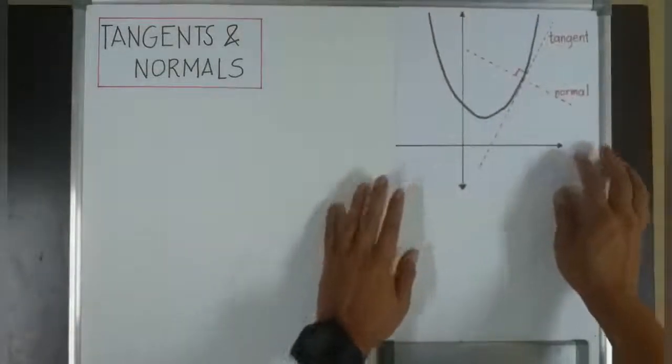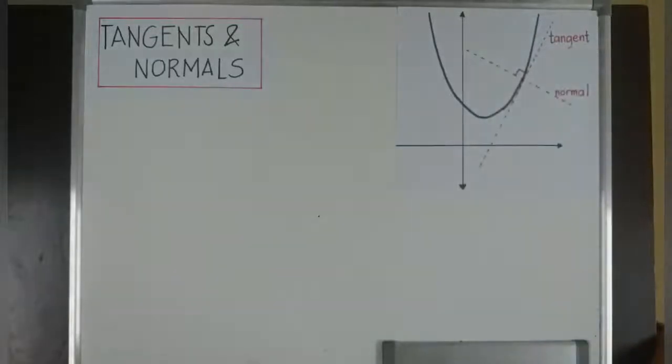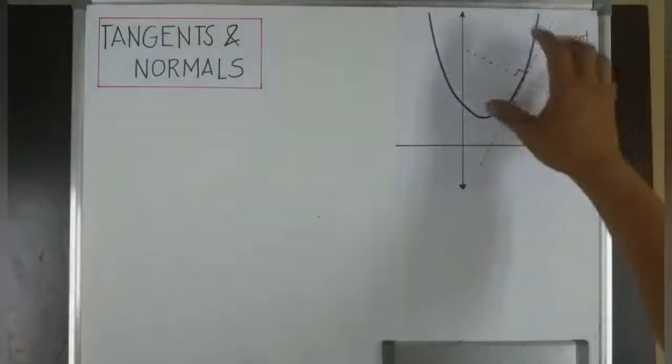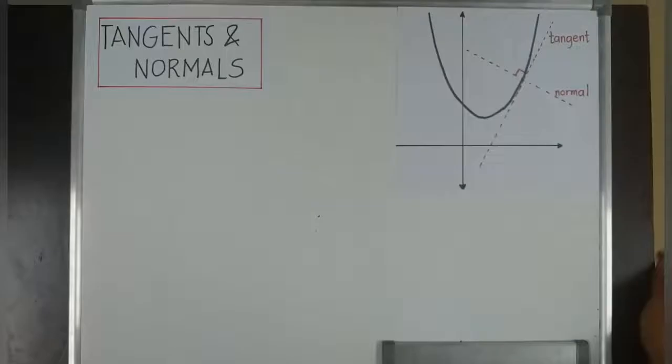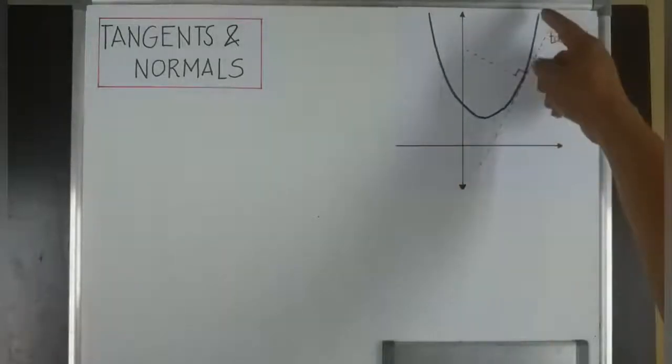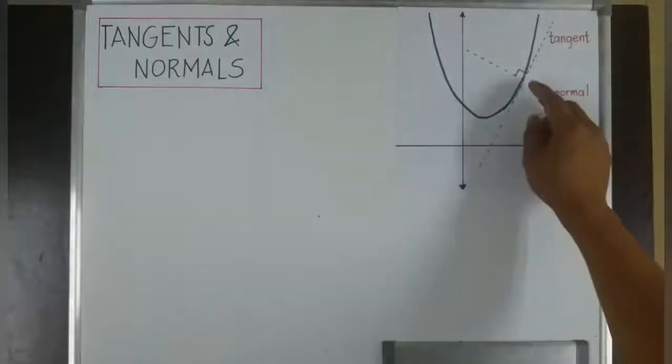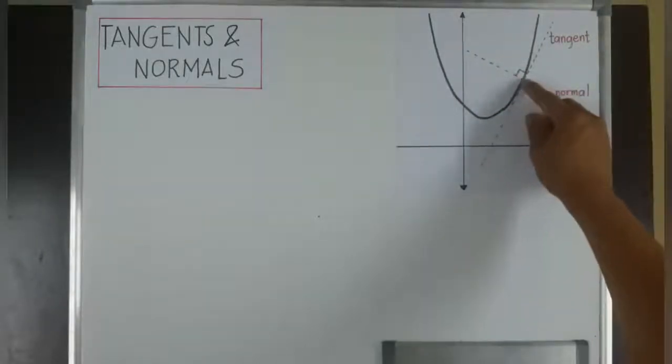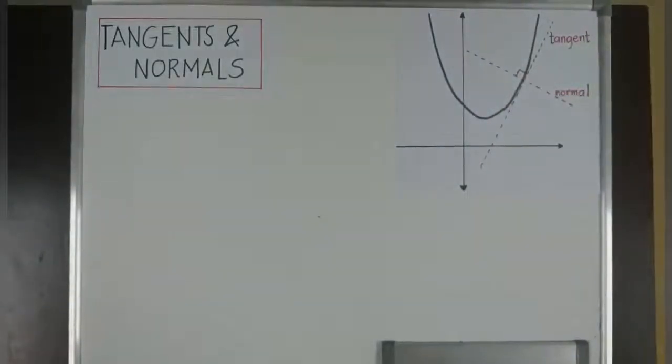Tangents are lines, so here in this figure, it is a line that touches the curve at one point, and that point is what you call the point of tangency. The point of tangency will usually determine the gradient of the tangent.